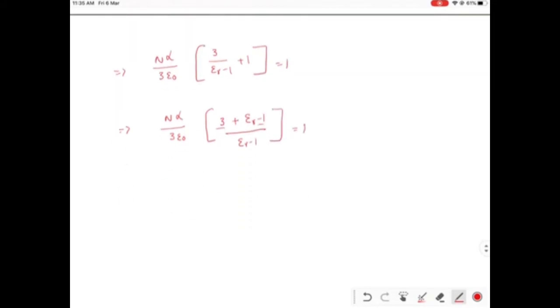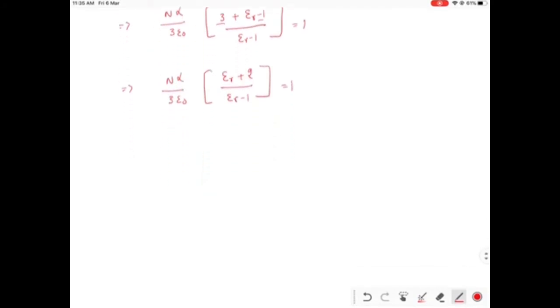Three minus 1 gives plus 2, so N alpha by 3 epsilon naught into epsilon r plus 2 by epsilon r minus 1 is equal to 1. That can be written as epsilon r minus 1 by epsilon r plus 2 is equal to N alpha by 3 epsilon naught. This is known as the Clausius-Mossotti relation.